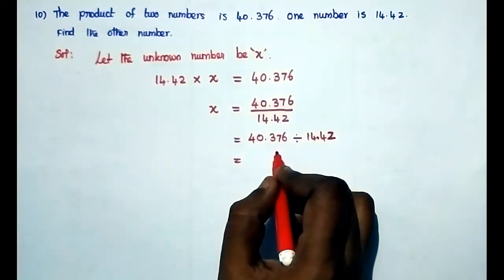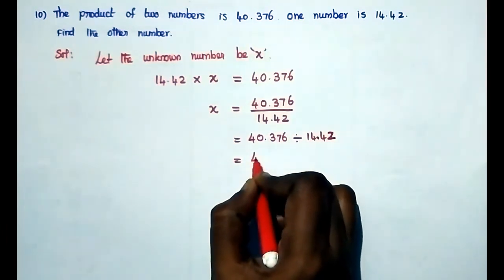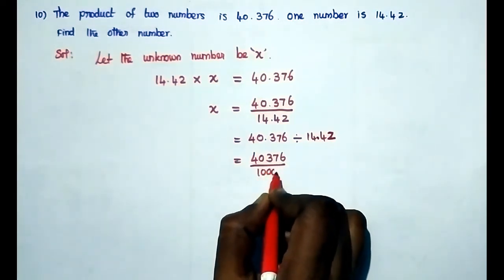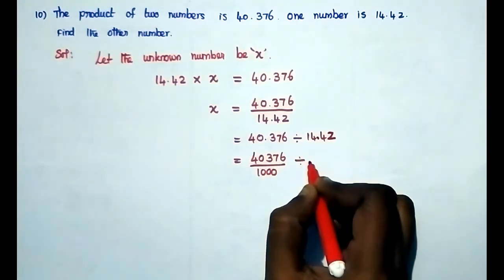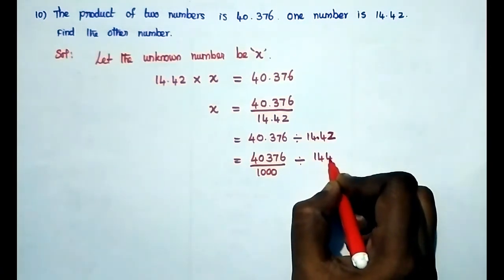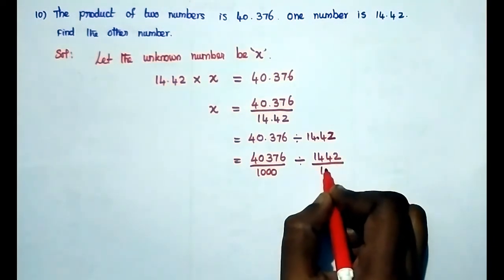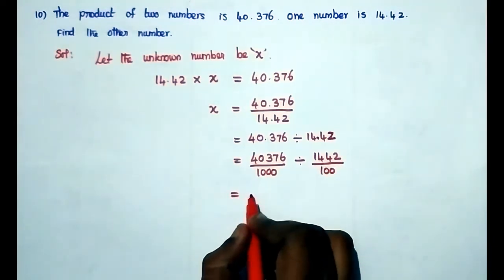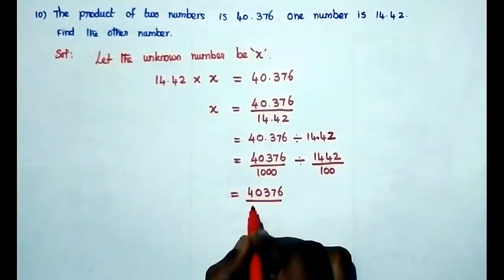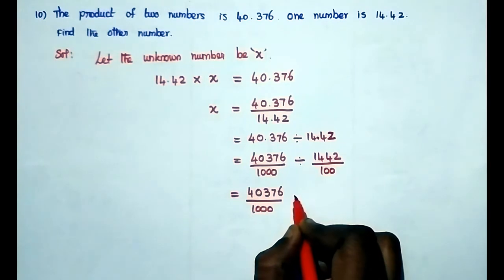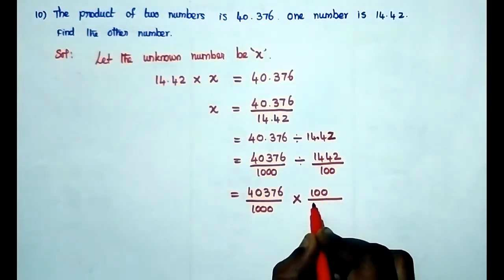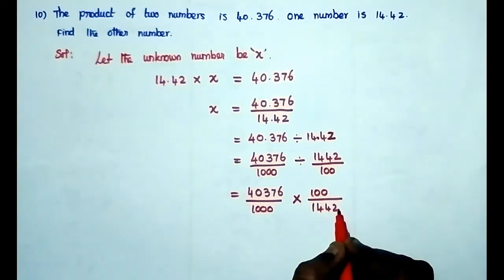Now write in fraction, 40376 divided by 1000 divided by 14.42. So 1442 divided by 100. Now change into multiplication. 1000 into, take reciprocal for that, so 100 by 1442.